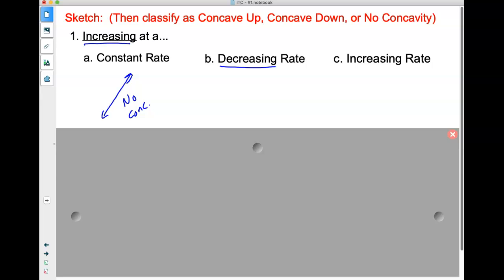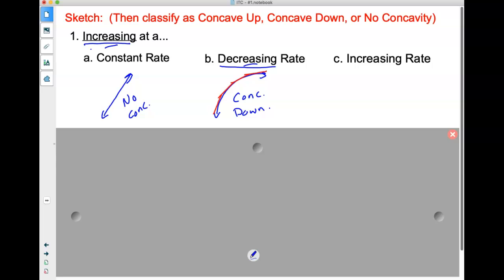However, if it's increasing from left to right, my curve has to be going up, and then my curve starts to curve like that. So if I actually saw tangent lines on this, the slope of those tangent lines is decreasing the further along that curve I get. Okay, so if I'm increasing at a decreasing rate, I am concave down.